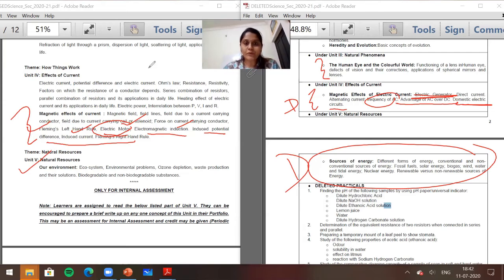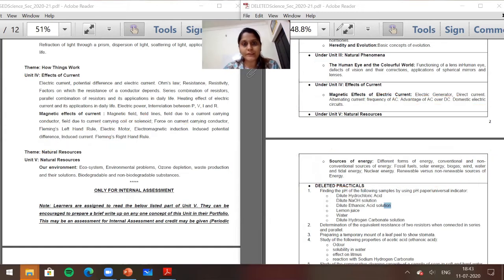I think some of the topics shouldn't have been deleted, but anyways, we cannot do anything now. Please go through the topics which have been deleted after your board exams. I know you are very confused right now because the situation is not good. We are in such a global pandemic that you cannot go to schools.